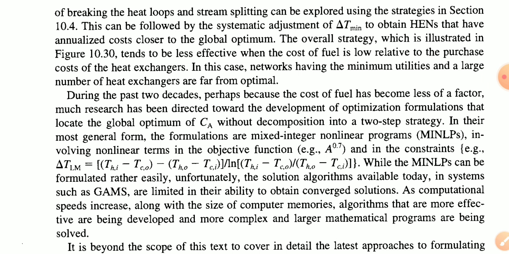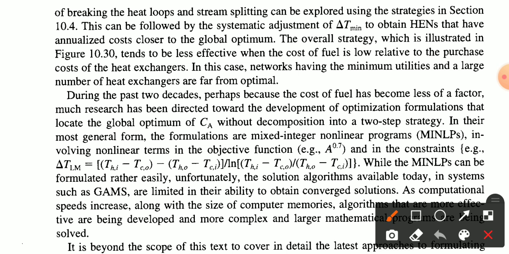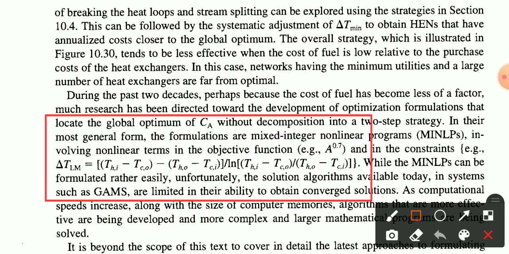The most general form of the formulations are mixed integer nonlinear programming systems involving nonlinear terms in the objective function, for example A raised to 0.7, and in the constraint, for example delta T LM is equal to (hot inlet minus cold outlet) minus (hot outlet minus cold inlet), divided by ln of (hot inlet minus cold outlet) divided by (hot outlet minus cold inlet). So remember these equations especially. Delta T LM, LMTD.